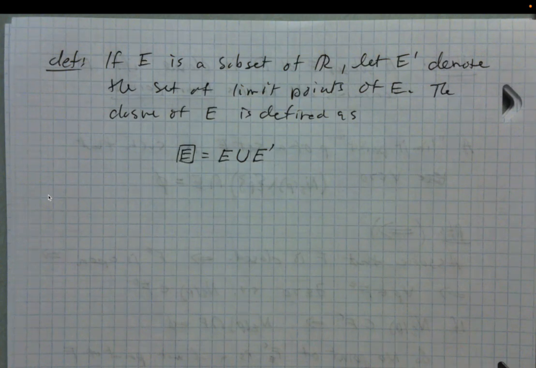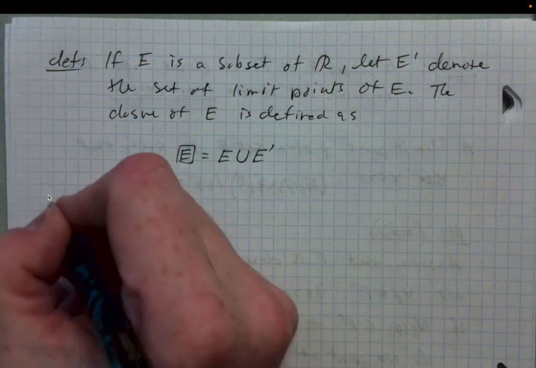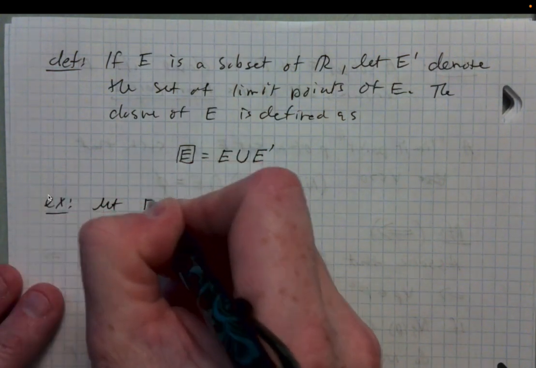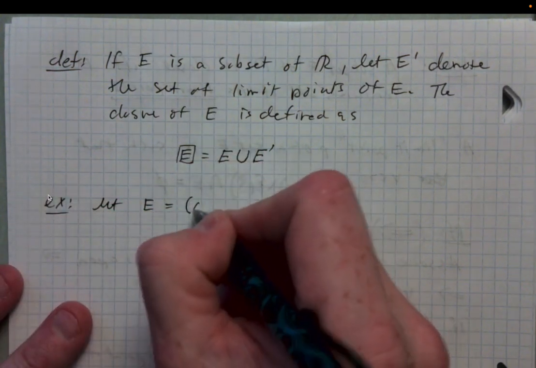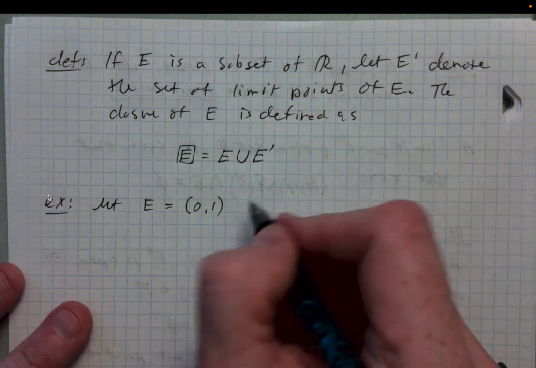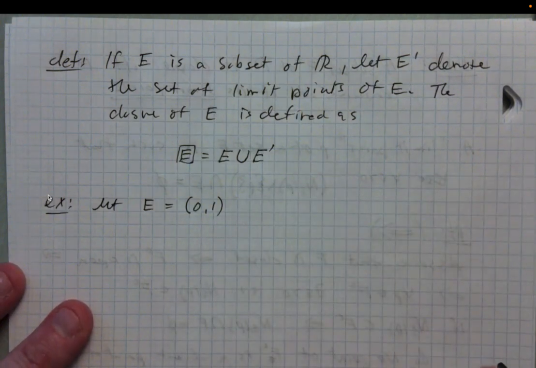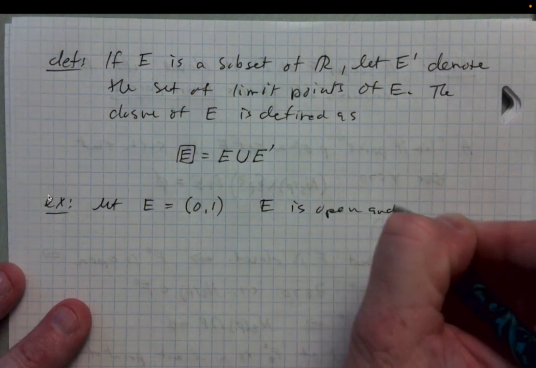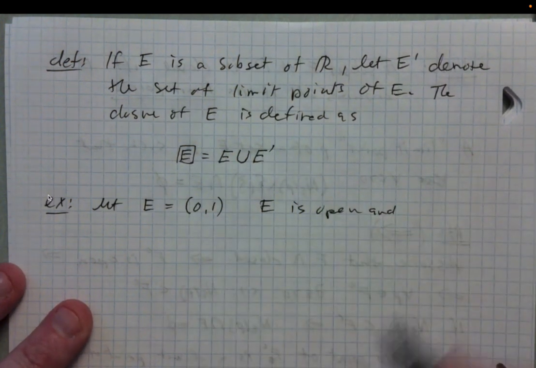Let's do a simple example here, just so we can conceptualize this a little bit. Let E equal the open interval (0, 1), which is a subset of R. E is open, and every point in E is a limit point.